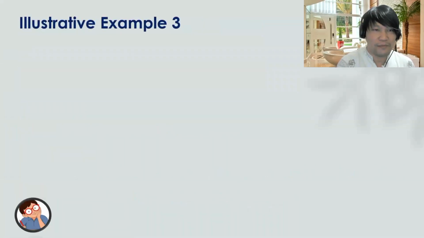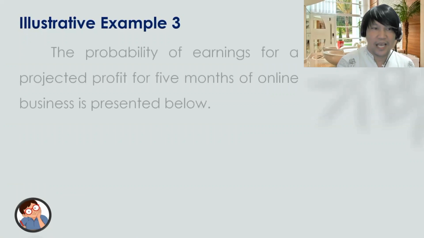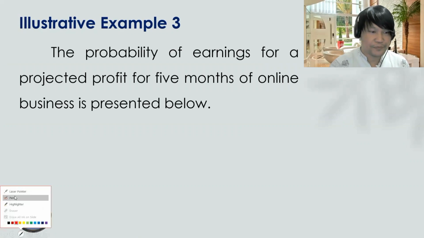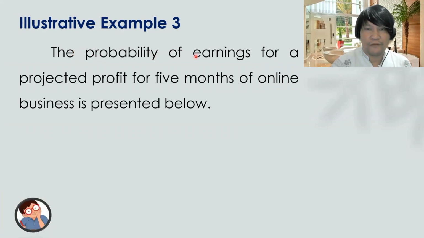This is illustrative example number 3. Okay, now let me read the problem. We have the probability of earnings for a projected profit for 5 months of online business presented below, because nowadays, more of the given businesses do engage in online business.